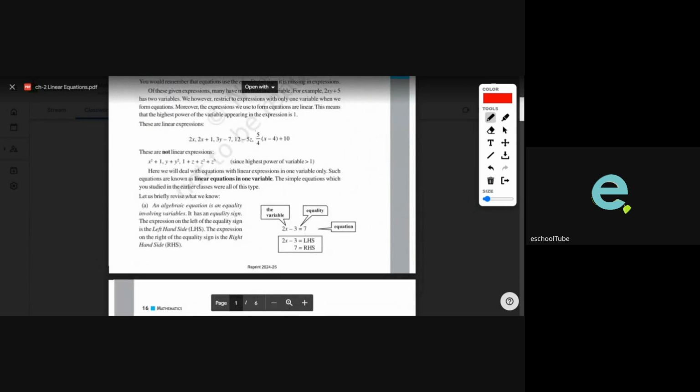See, what do you mean by linear equation? Linear equation means an equation having degree equal to 1. Do you remember what a degree is? Degree means the highest power of the variable.